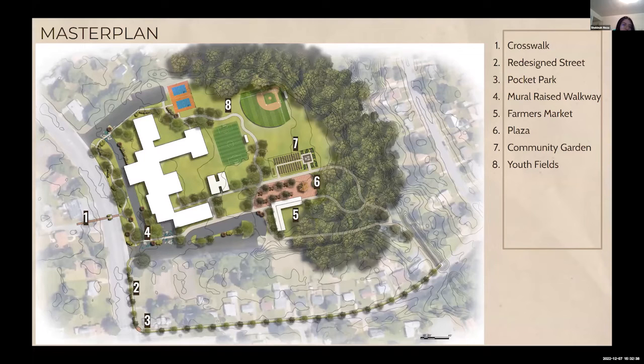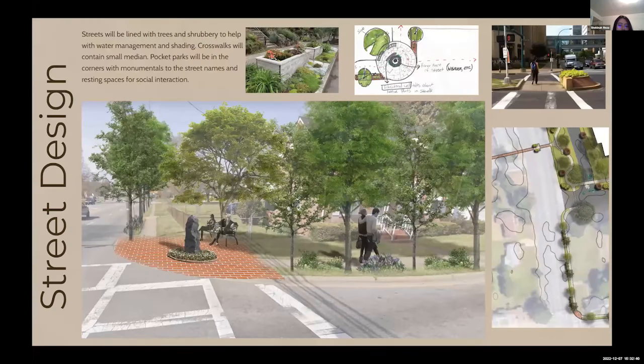So first we go through the connectivity phase of the design. The streets will be lined with trees and shrubbery to help with water management and shading. Crosswalks will contain a small median to make it safer for people to cross the four-lane road that is currently facing the Aberdeen Elementary School.